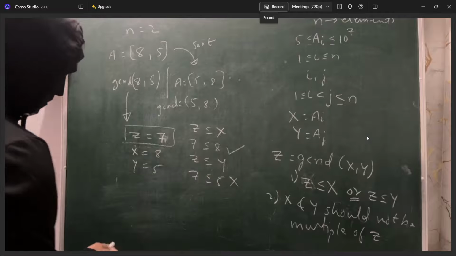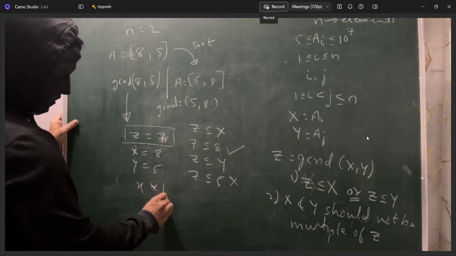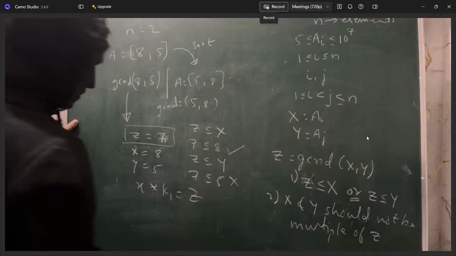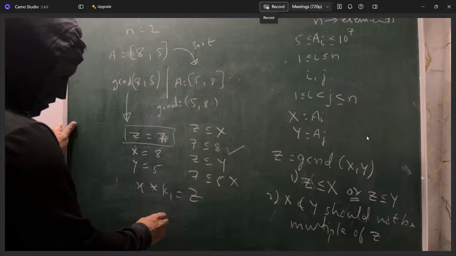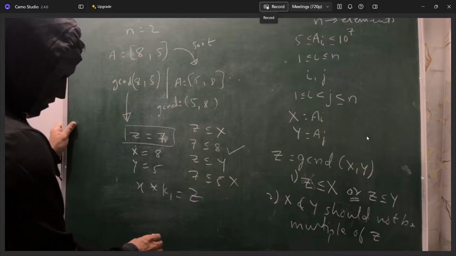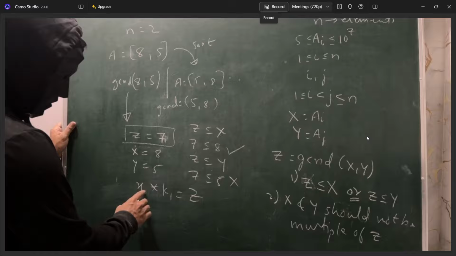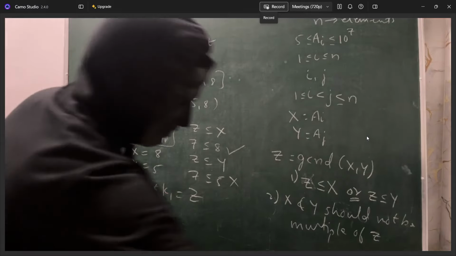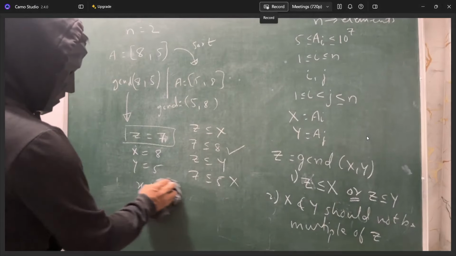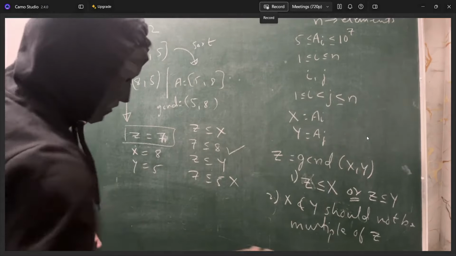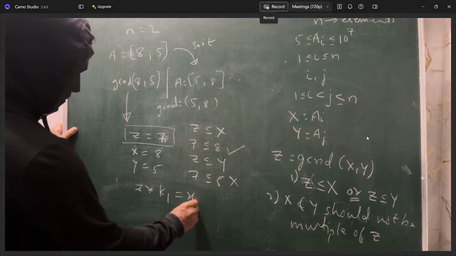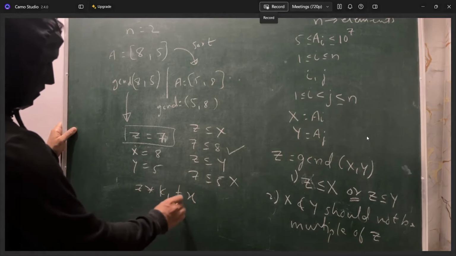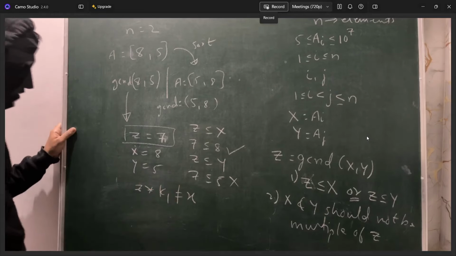Now let's try to find x into k1 is equal to z. X and y should not be a multiple of z, they have said, right? Here the condition I'm taking in a reverse way. X should not be a multiple of z, which means z into k1 is equal to 8 should not be holding.